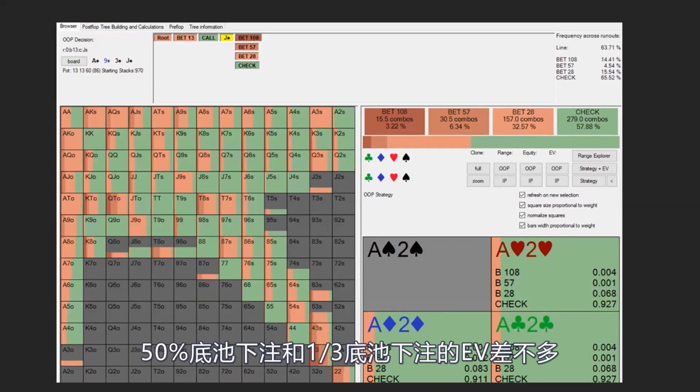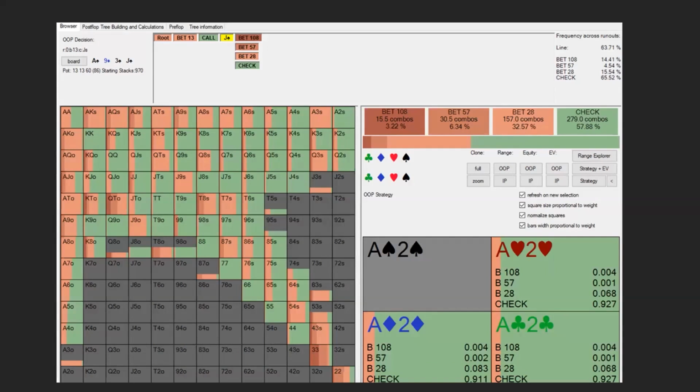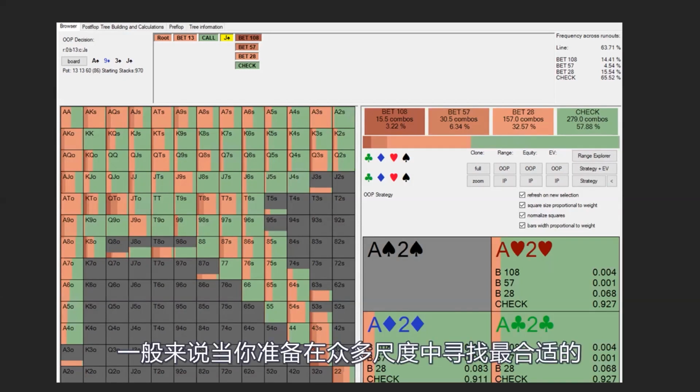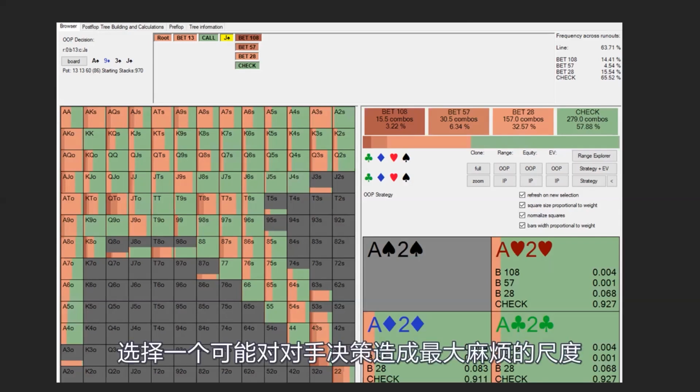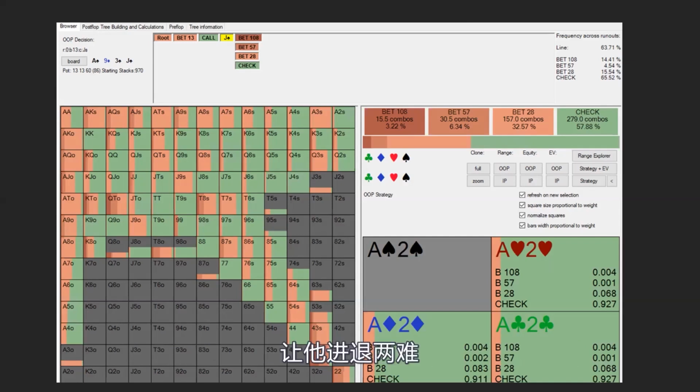So yes, Andre, 50% and 33% typically have the same EV. It doesn't matter. If you tell me, hey man, I want to use a 55% sizing or a 33, I think all the strategies are fine. It won't make a lot of difference. But in general, when you're trying to choose between multiple sizes, try to pick the one that will put him in a tougher spot, so you're putting his marginal hands into a tougher spot.